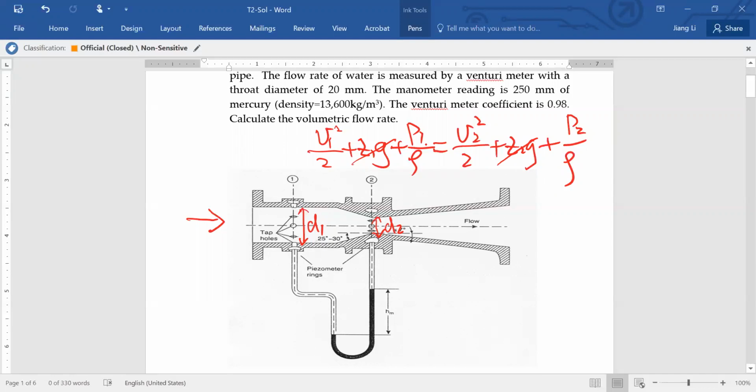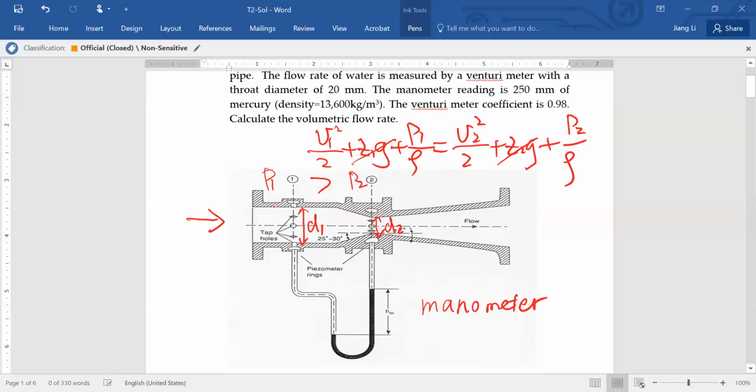Instead of measuring the velocity directly inside the pipe, we install a manometer below the pipe. We call this a manometer. This manometer is used to read the pressure difference between P1 and P2.